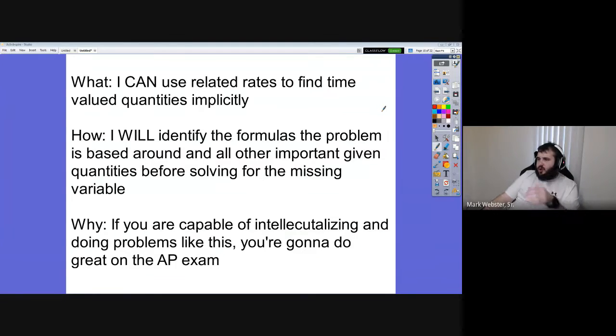The thing that's going to make this particular section annoying to deal with is the fact that they're going to require a lot of recall here. In isolation, the concept is very simple. It's basically applying implicit differentiation to story problems.